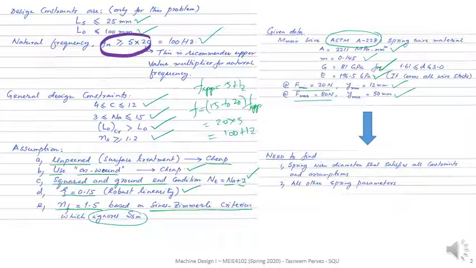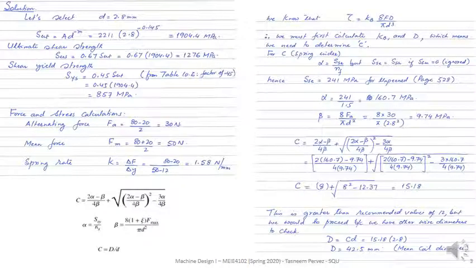And what I need to find out is the spring wire diameter that satisfies all constraints which are here and here, and all assumptions which are here. Then I need to find all other spring parameters. So we'll start the calculation.